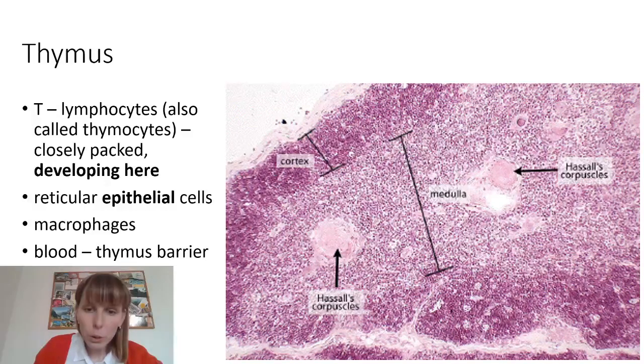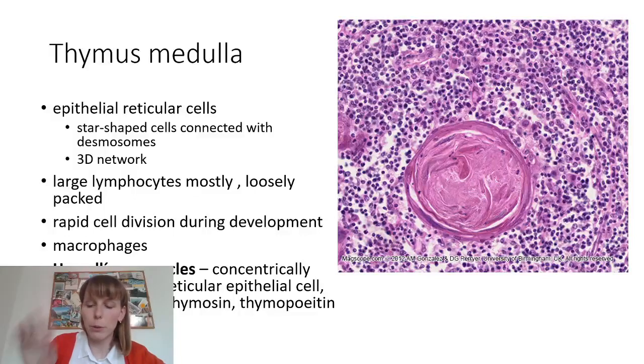So you can test this by letting the T lymphocytes close to reticular epithelial cells, and if they react to them, if they want to destroy our own cells, they are destroyed themselves. So only a very small part of the T lymphocytes that develop here are selected in this way and can enter the blood.